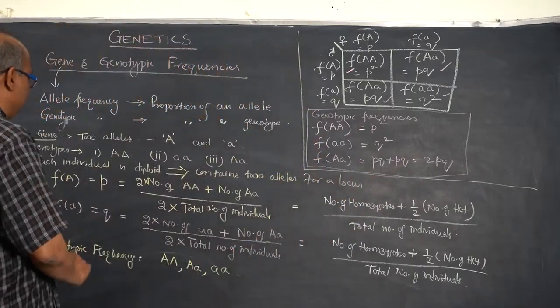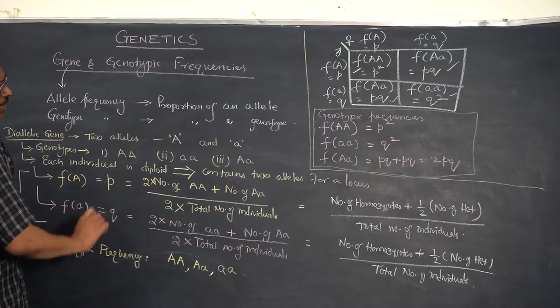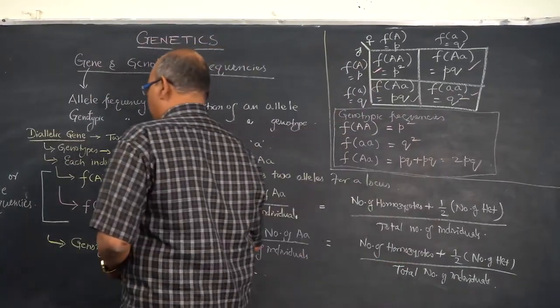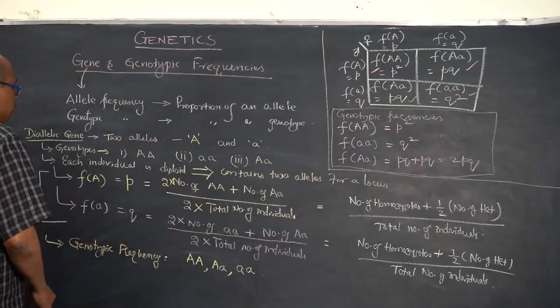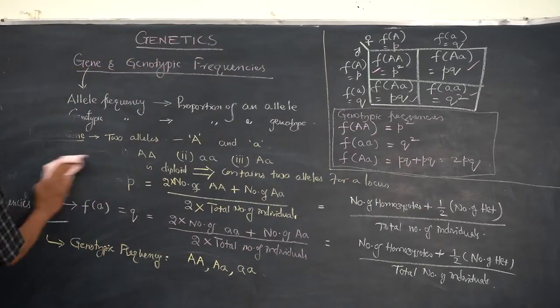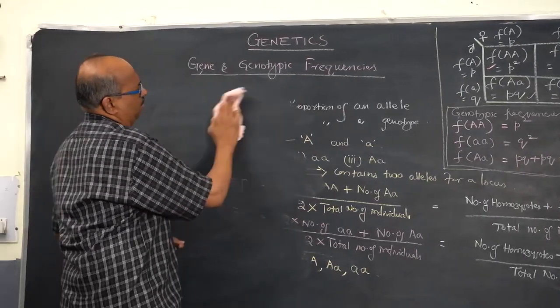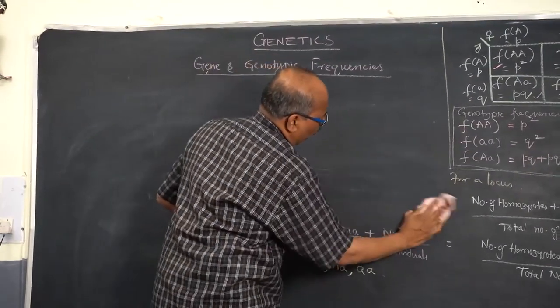So we have gene frequencies, how to calculate, and genotypic frequencies, how we can calculate. The next thing with respect to these frequencies is the sum total of frequencies should be equal to 1.